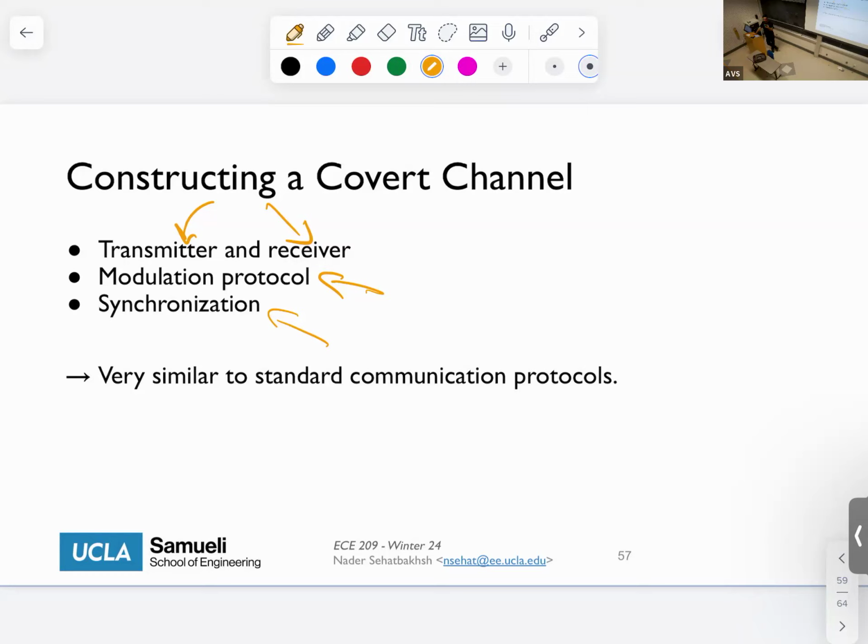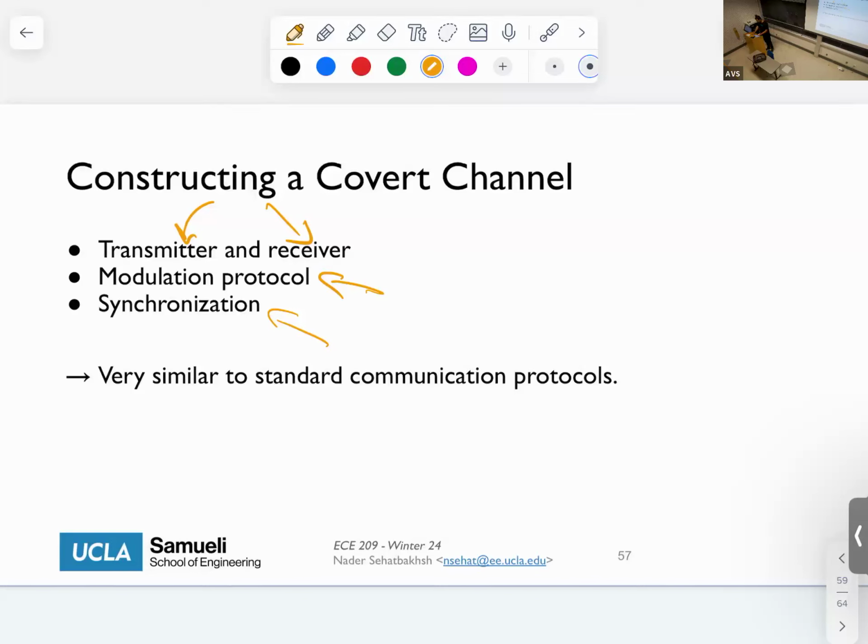Any regular communication channels also need to come up with a modulation scheme and a synchronization scheme. The only difference between covert and regular is that covert is using some physical phenomena, so it's much harder to actually use synchronization and all those things.